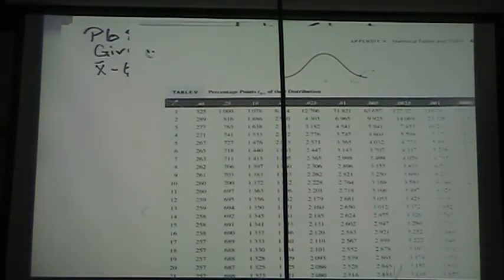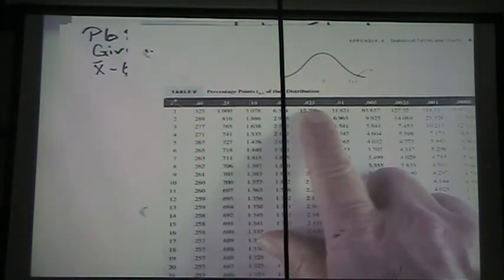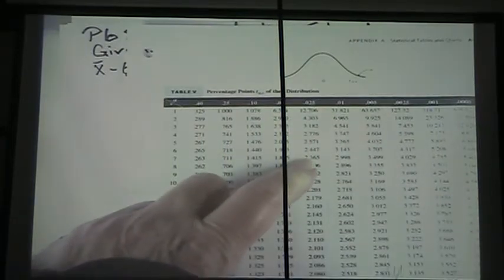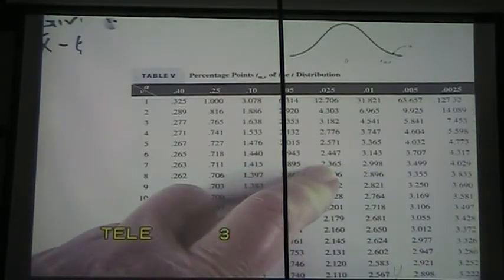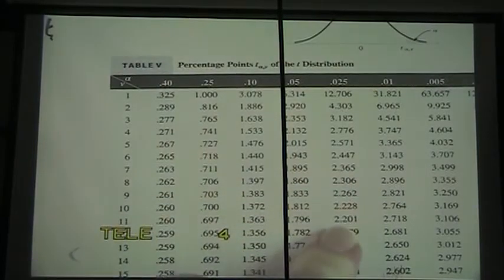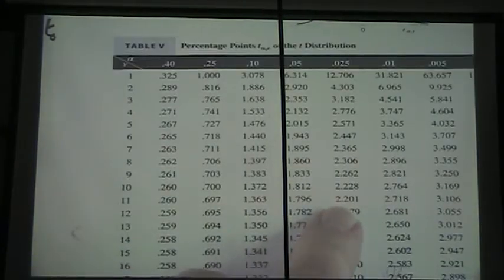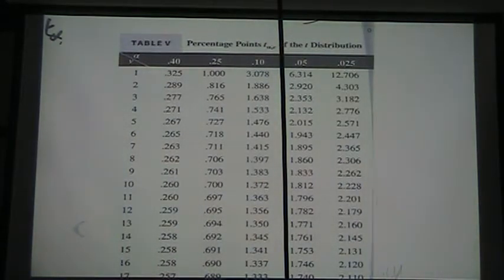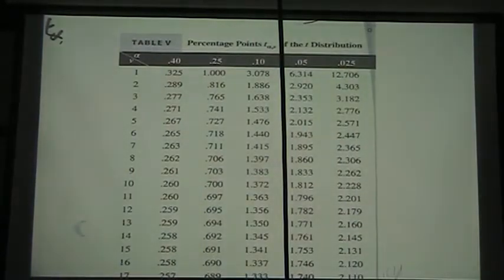Okay, so once again, because it's 95%, it's going to be in the 0.025 column. Okay, so I'm going to make this larger, and move it up the tiniest bit. All right, then I take my pieces of paper. We know that alpha divided by 2 for a 95% interval is 0.025. So I put my paper next to that.